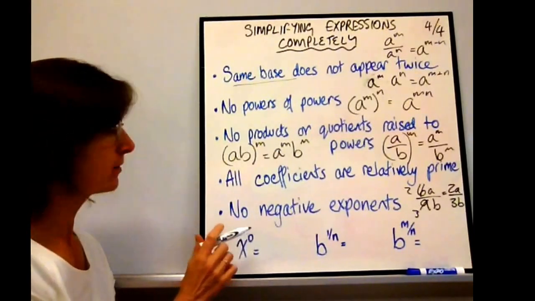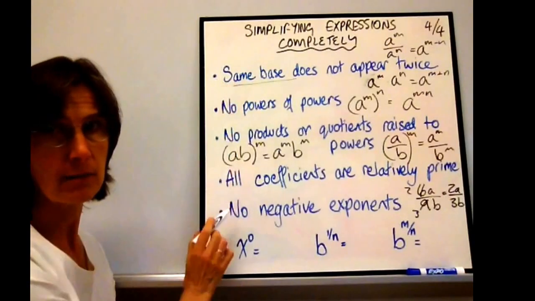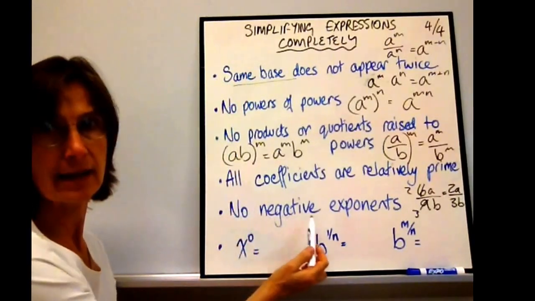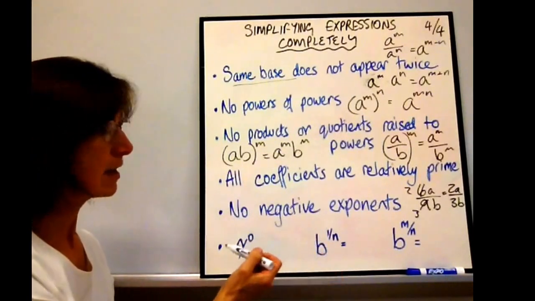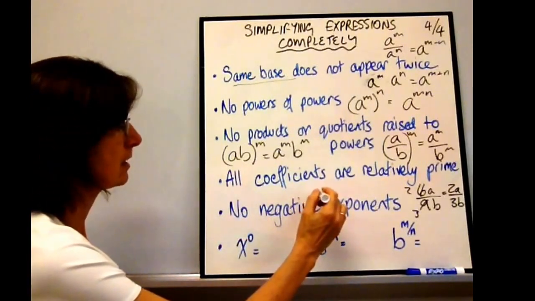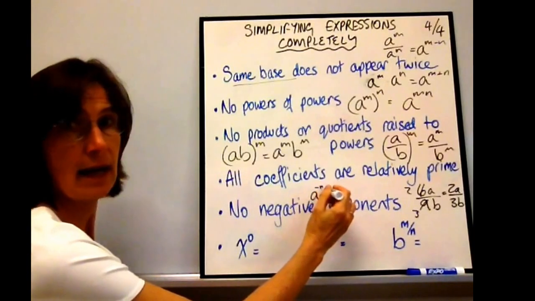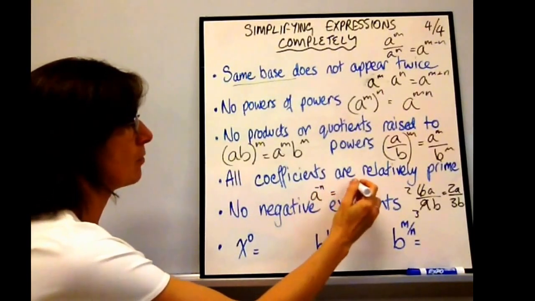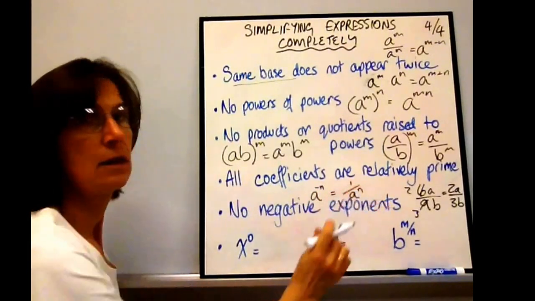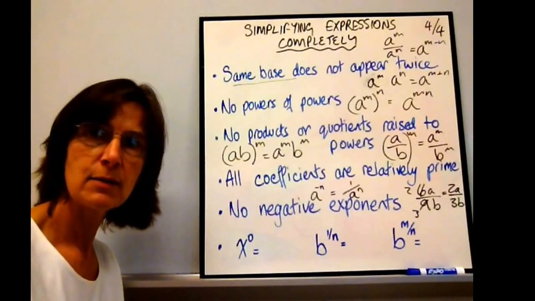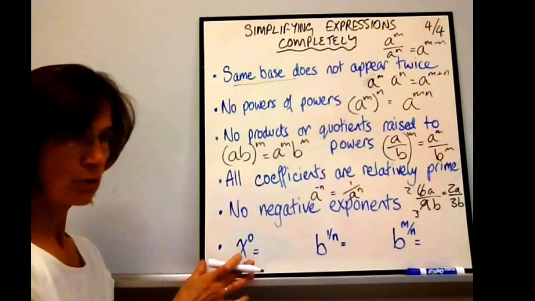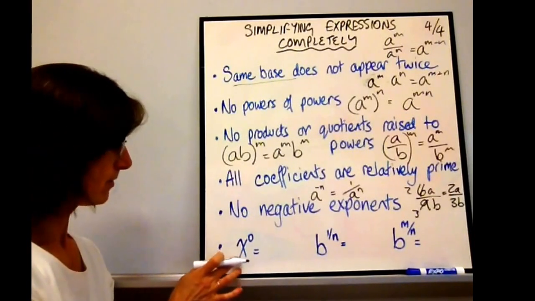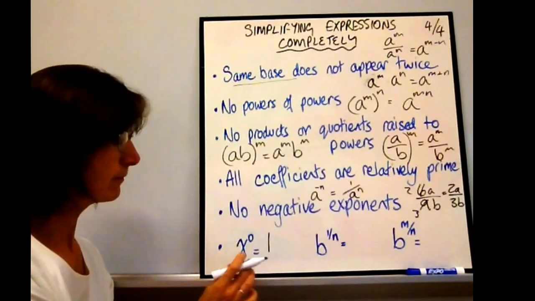We also have to be on the lookout. If we are simplifying completely, we're not going to have any negative exponents. We'll rewrite them. Remember, our definition for this was a to the negative n is 1 over a to the positive n. That was the definition of a negative exponent. Also, we know that anything to the 0 power is 1.